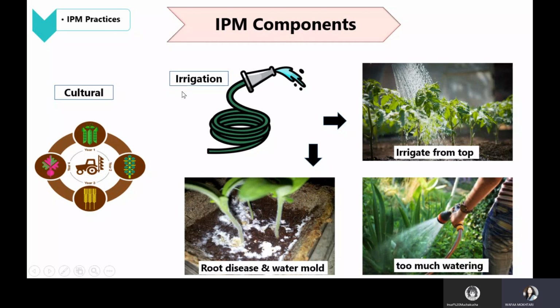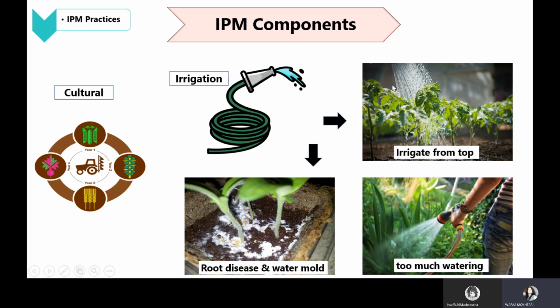For example, one of the most important cultural practices is irrigation. Yes, watering. If you water your crop in a good way, that will be good. So the question is, what is the good way to irrigate my plants?